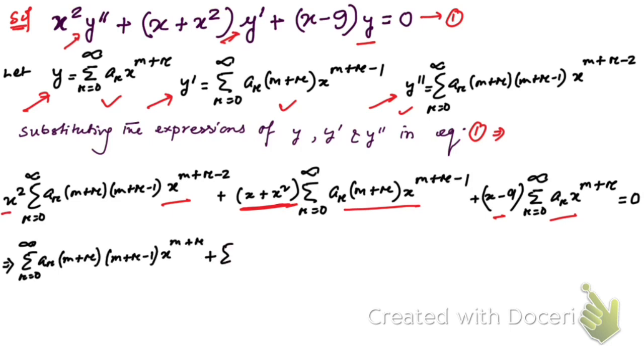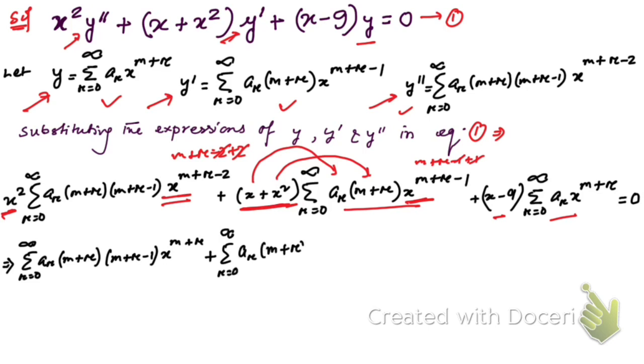I have multiplied x square with this, then we have m plus r minus 2 plus 2, so that's why x to the power m plus r. Similarly, let's multiply x first with this term, then we're going to multiply x square with this term. First multiplying x with this, we get m plus r minus 1 plus 1, which is again m plus r.